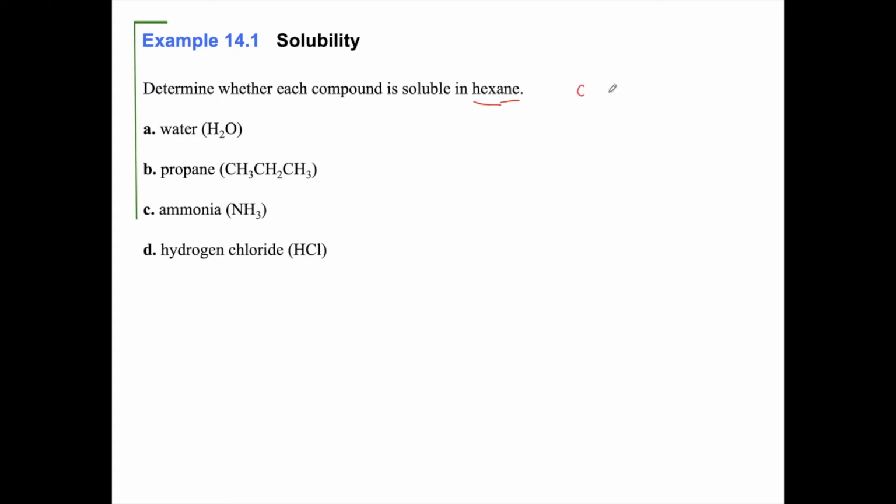So you would have 6 carbons, and 14 hydrogens.